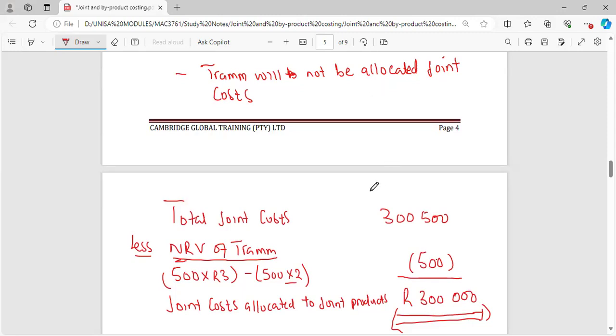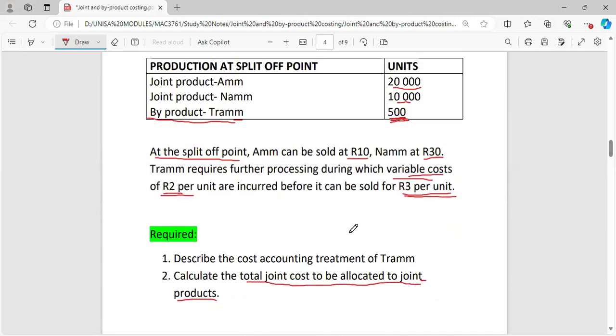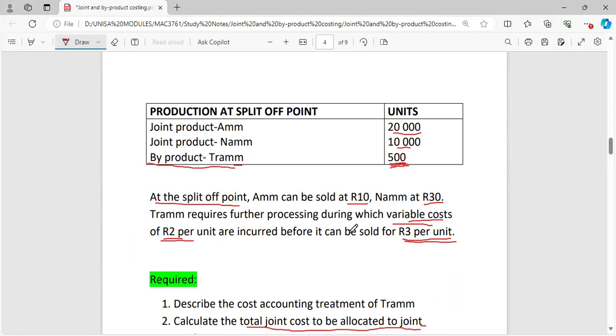Sir, yes. I just wanted to find out, if we are not given the byproduct, like here where you mentioned that TRAM is the byproduct for that split-off point, do we have to calculate for all to check which one has the lowest sales, and then calculate the net realizable value?